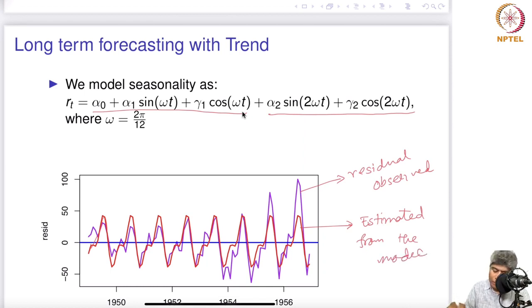So clearly when you put in the second Fourier, it tries to capture this particular change, this seasonality. I think this is the before-summer kind of peak curve that is getting picked up.